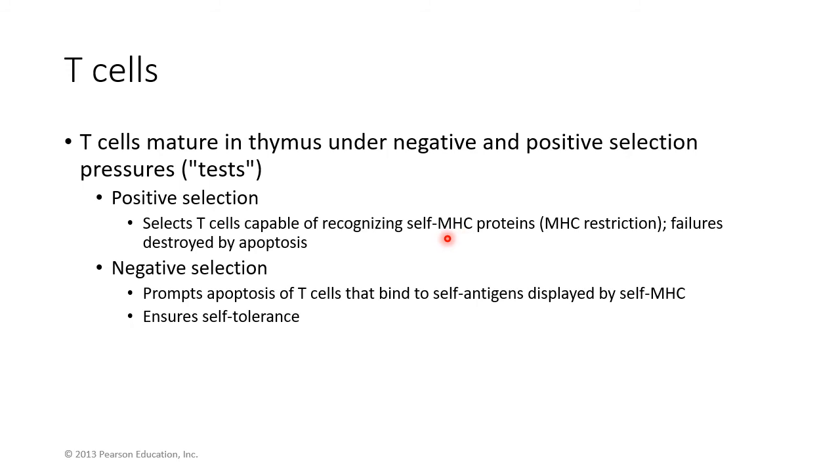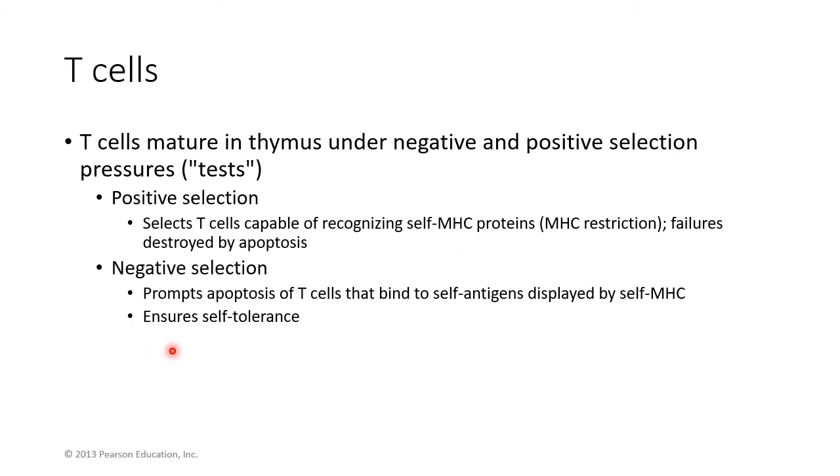So you want to remember that the MHC marker is unique to you. Anybody else is considered foreign. Your immune system sees those tissues as being non-self because the markers are not yours. So positive selection means those immune cells, those T cells, have to recognize your markers as belonging to you. You don't want T cells that are going to go around destroying your tissue cells. So if they are, they're destroyed by apoptosis.